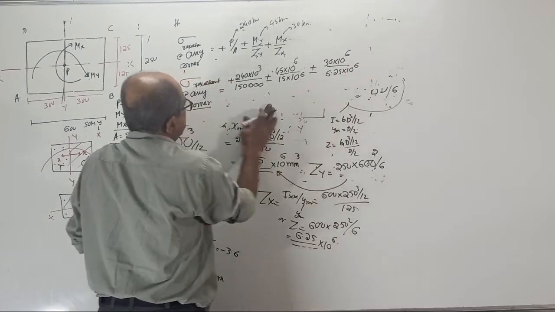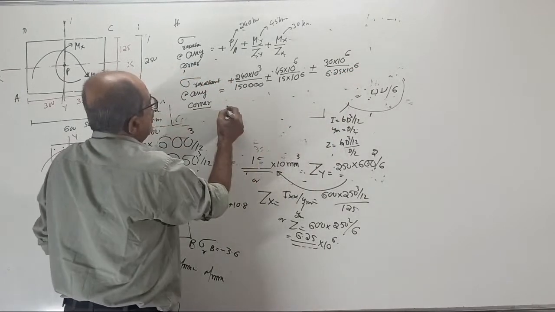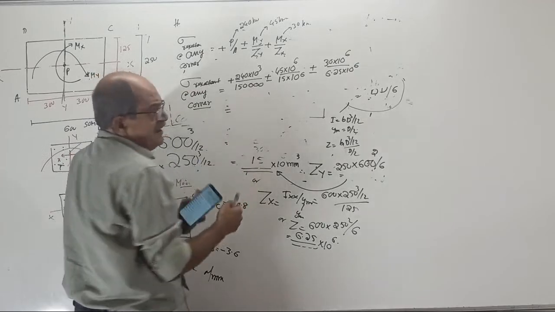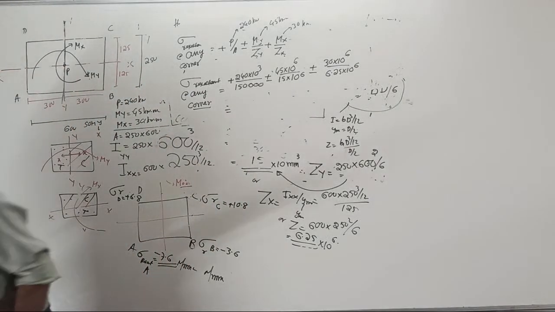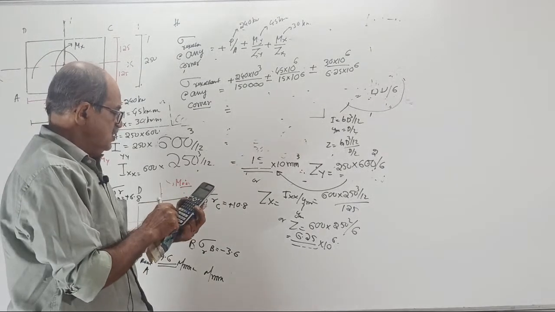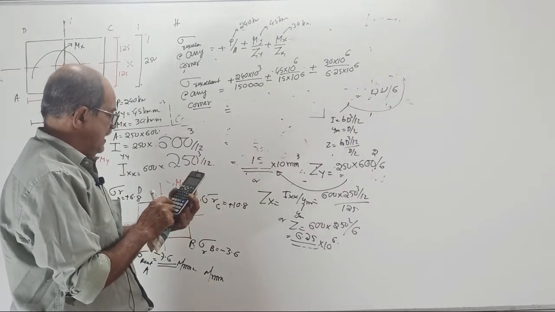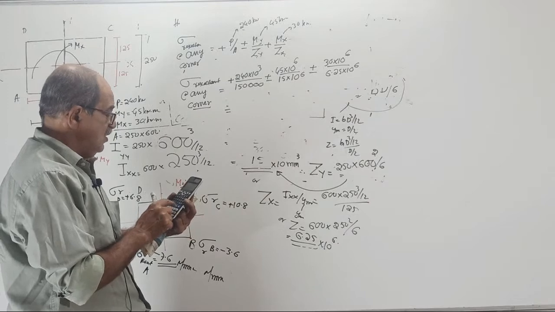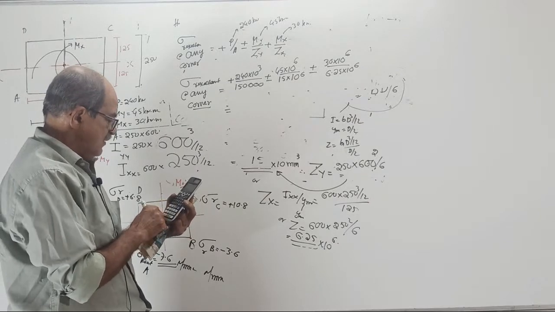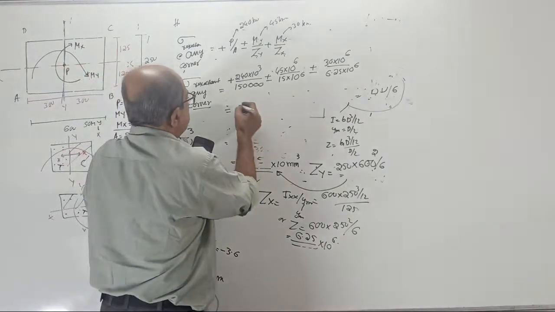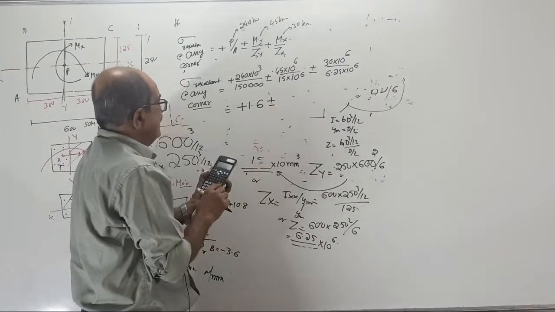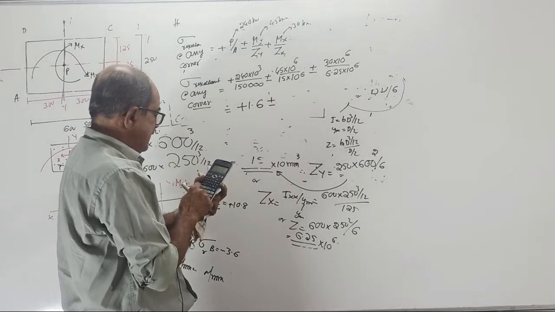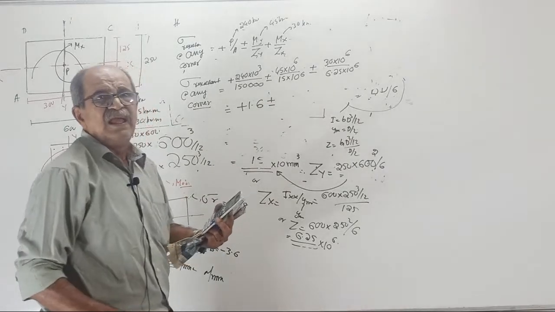Now if you simplify, it will become 240 10 to the power 3 divided by 150,000, that is plus 1.6, plus or minus 45 by 15. It is coming 3.